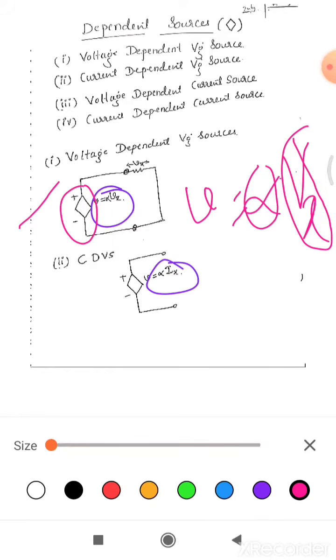Vx might be the voltage across some resistance, this resistance or that resistance, whatever it may be. So this voltage source is dependent on some other voltage, therefore it is a voltage dependent voltage source.